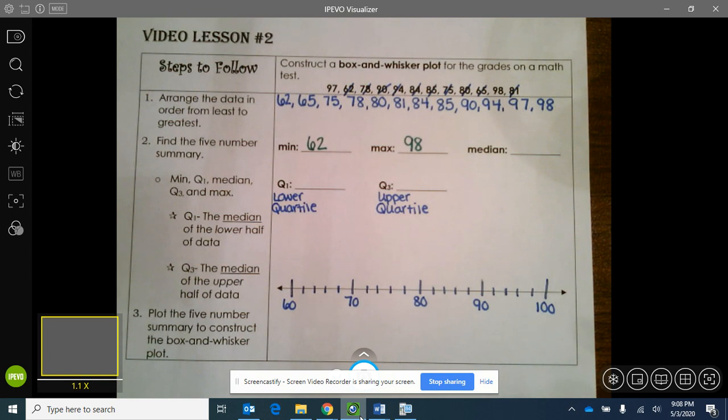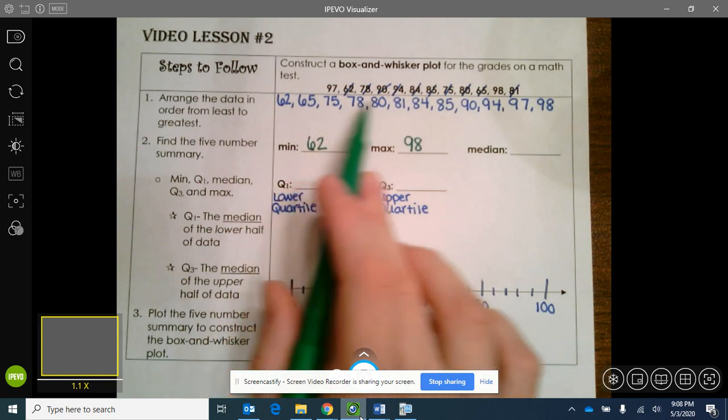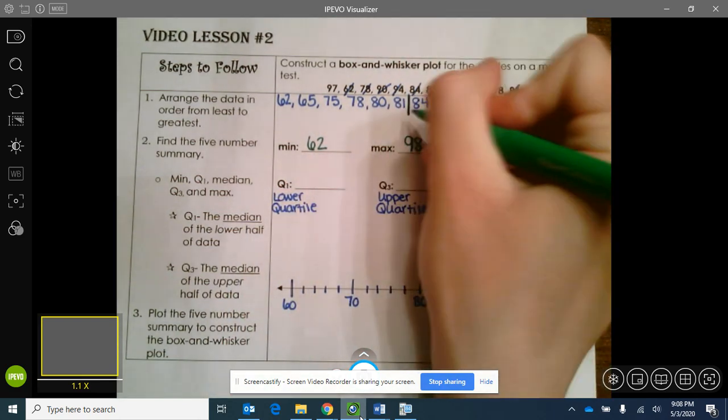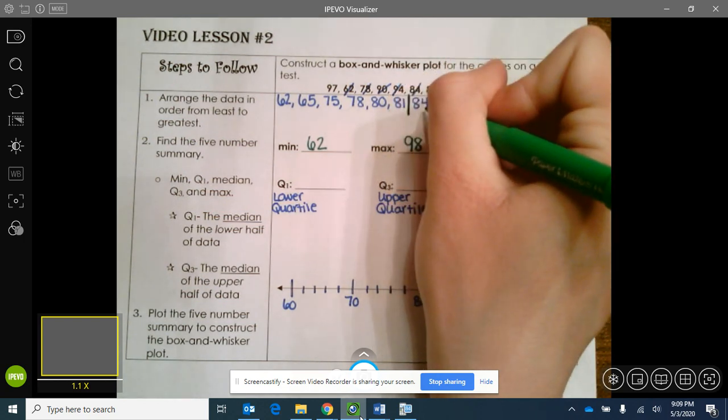Next, I want to find my median. So remember, median of any data set is a number that's right in the middle. So I have 12 data values here. So 1, 2, 3. My median is going to be right here. These are actually the two numbers that are in the middle, 81 and 84.